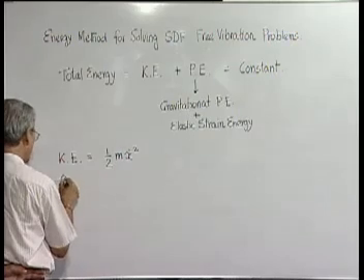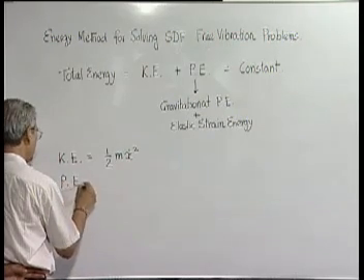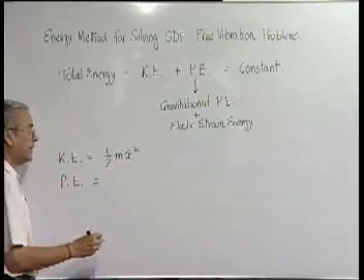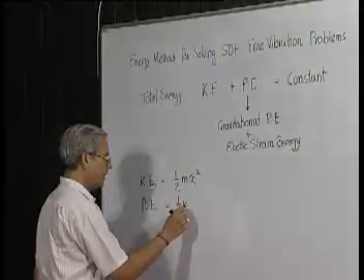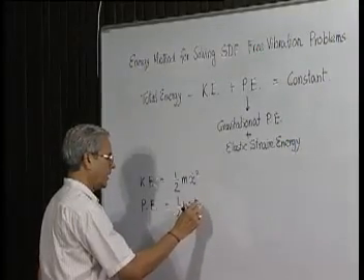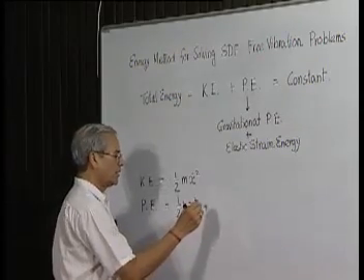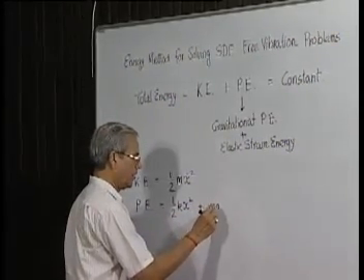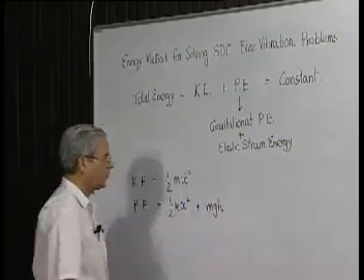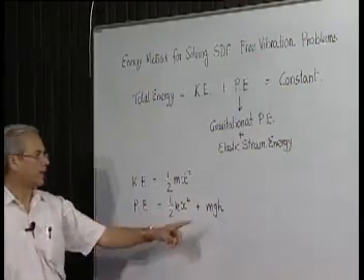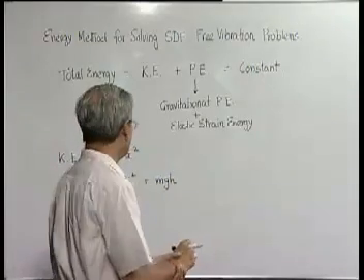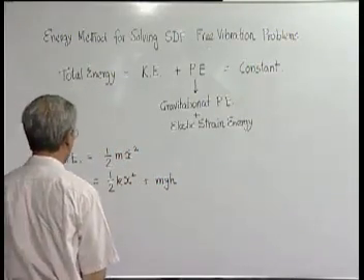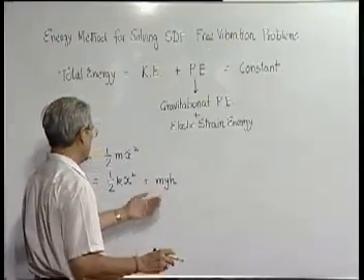Similarly, potential energy of a body will be half k x square plus m g h, where h is the height above the equilibrium position, g is the acceleration due to gravity.